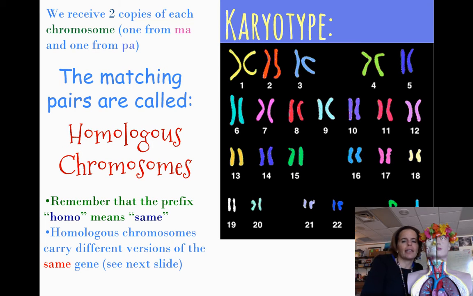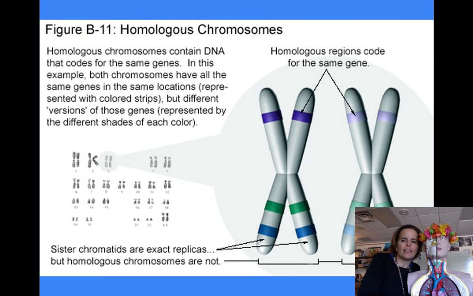So if chromosome number 1 from your mom has a gene for eye color, chromosome number 1 from your dad also has a gene for eye color. It's just that your mom's might be for blue eyes and your dad's might be for brown eyes. So homologous chromosomes carry different versions of the same gene. The word for that is an allele, different versions of the same gene. So different eye colors, for example, carried on the same chromosome.